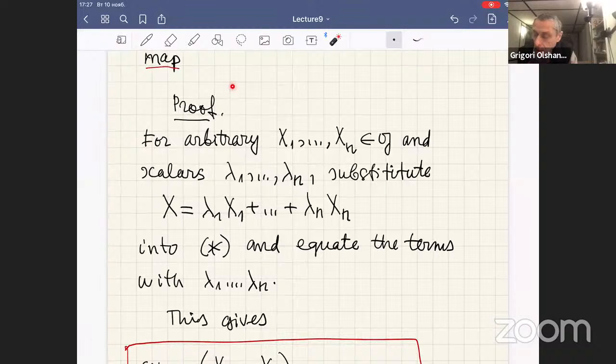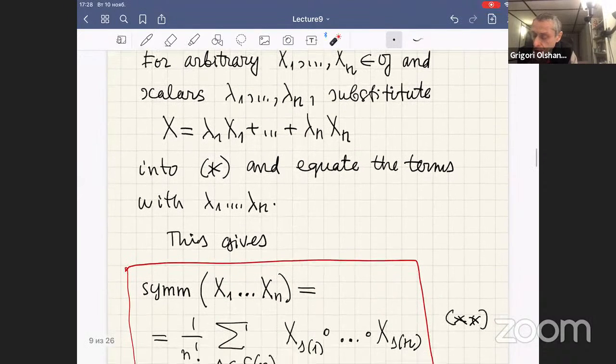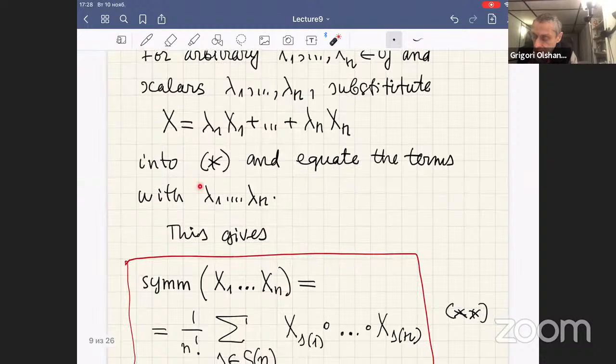On the left and on the right, we get some polynomials in these variables, in the lambdas. We fix the x's and we get polynomials with respect to these scalars. And take the term which is equal to the product of the lambdas. So this is related to a well-known trick in linear algebra, which is called polarization.